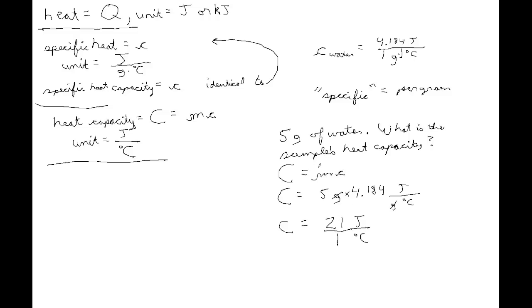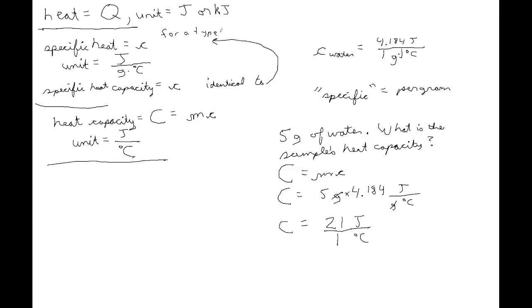All right, well, maybe you can see the similarities and differences between heat capacity and specific heat. So does specific heat refer to a type of substance or a specific sample of the substance? Maybe that was a confusing question, but remember that specific heat is just for a type of substance.